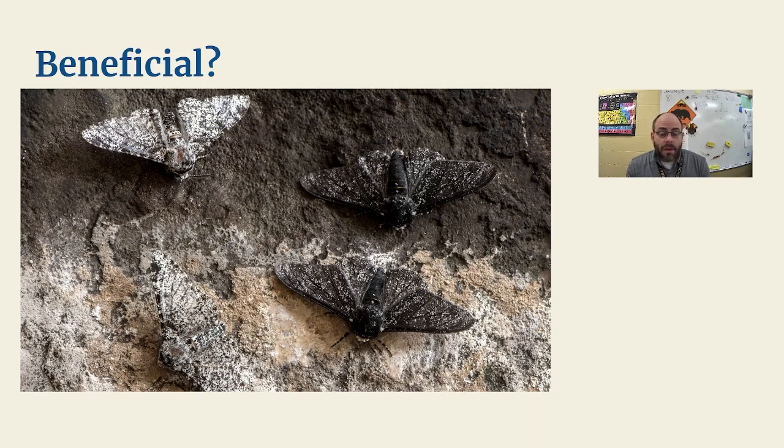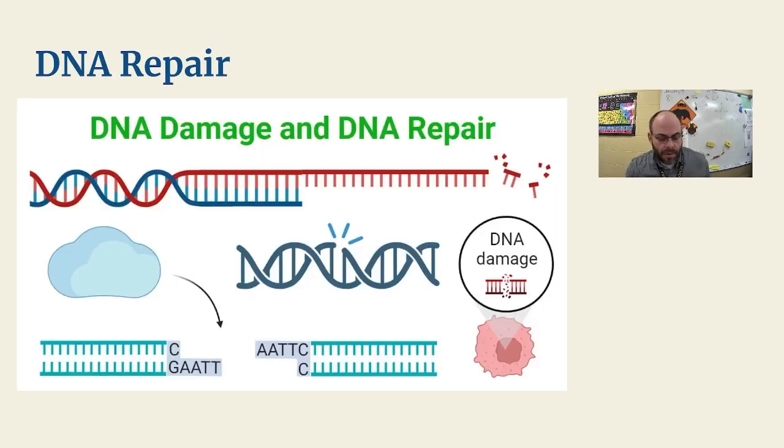And so whether or not a mutation is beneficial is going to be whether or not that change is suited for the environment that it finds itself in. And I think that's a very important distinction. Make sure that you are reading the prompt carefully and that you're able to draw those conclusions from it. Now, one other thing that needs to be mentioned is that cells have mechanisms for mutation repair.